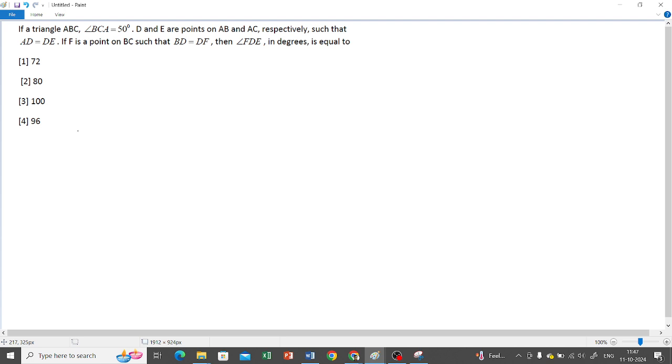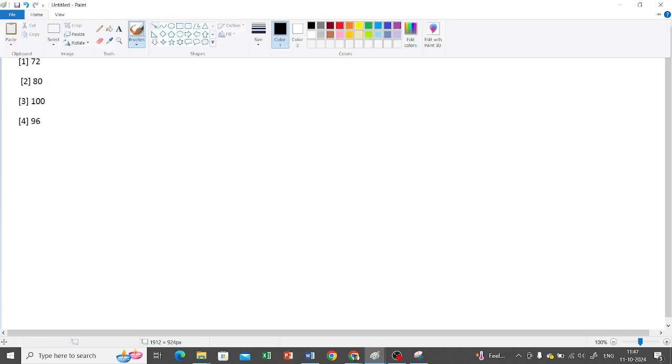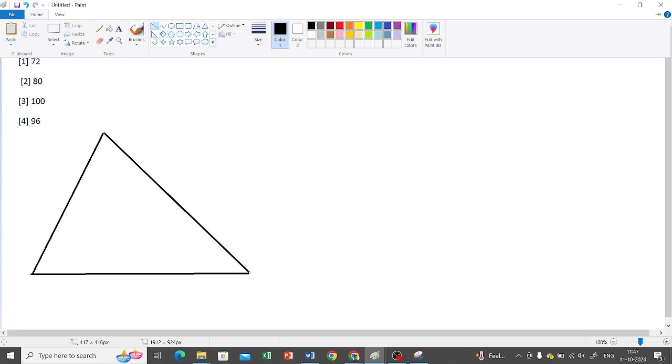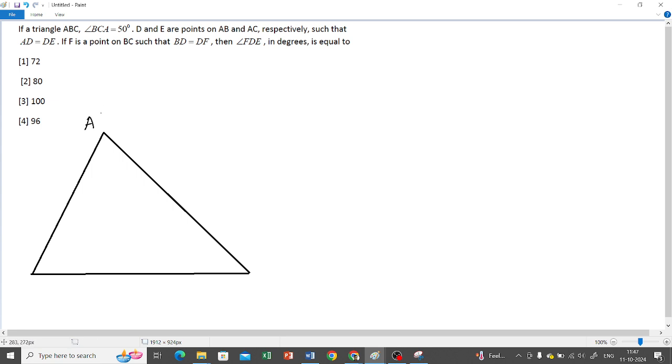If F is a point on BC such that BD is equal to DF, then angle FDE in degrees. এটা হচ্ছে D, এটা হচ্ছে E, such that AD is equal to DE.